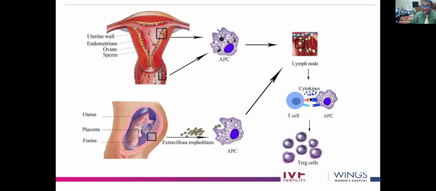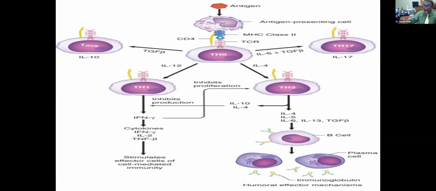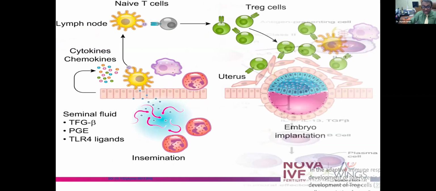That is called the Treg cell, the T regulatory cell. That's why some of the Treg cells are present in the peripheral blood, and some of the Treg cells are always in the residua of the endometrium. So this is how the Treg cell forms, and this Treg cell will always have a response.